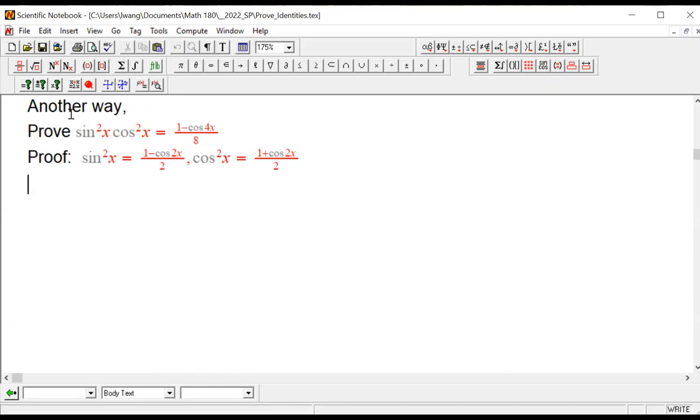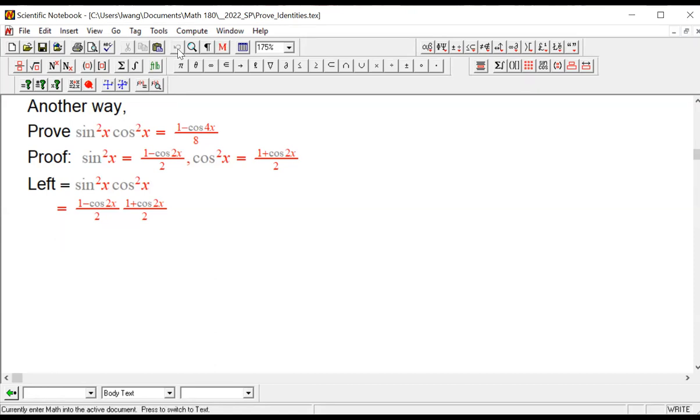So you still start from the left, you tell the reader, you quote the formula, and then you start from one side. So here I'm starting from the left. What I have here is this piece, and I plug in this piece there, and then I know where I'm going.